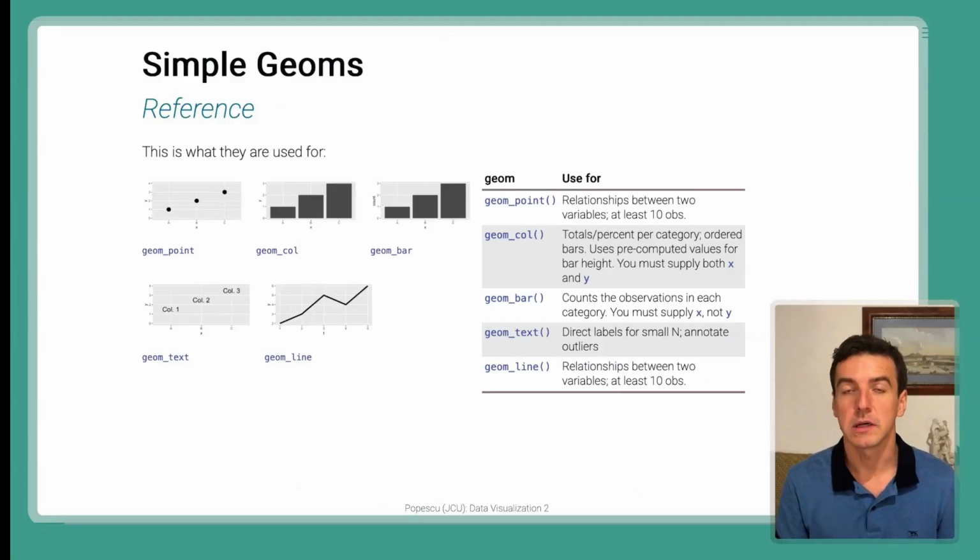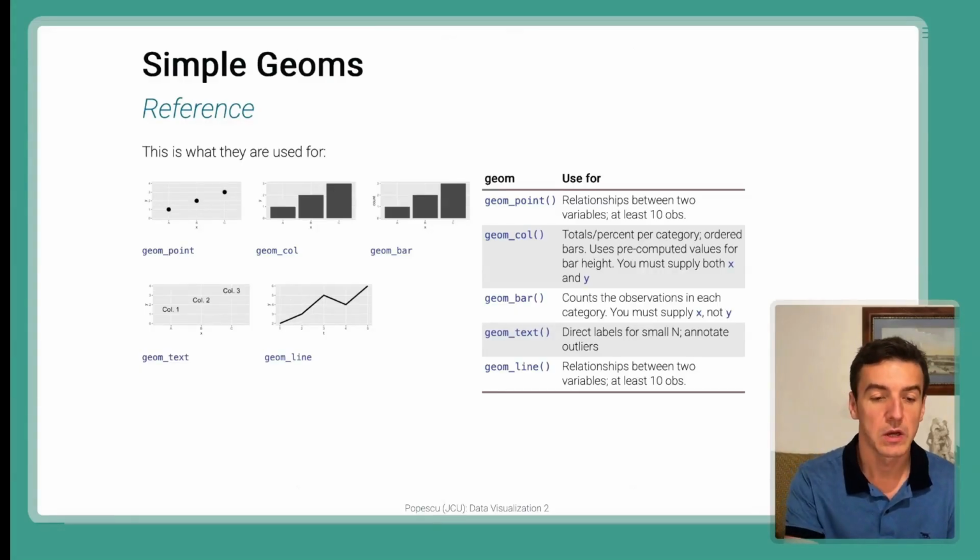Geom column allows us to examine totals or percent by category. Geom bar does the same thing, but in the geom bar context, we only supply X. We don't need to supply Y. Geom text allows us to annotate data, and geom line allows us to examine again the relationship between variables.